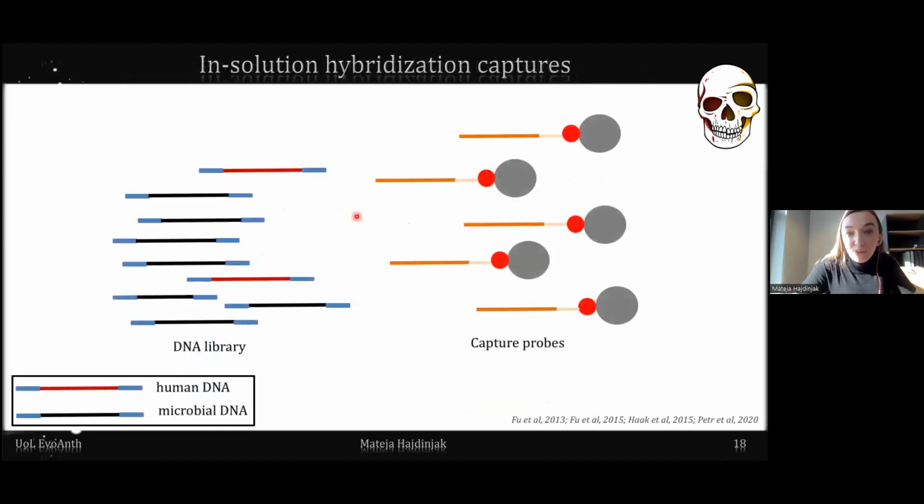And for the in solution hybridization capture, this is just an illustration. So where you have your soup of molecules in your DNA libraries, you use these synthetic probes, which are targeting the sites in the genome you are interested in to actually enrich your libraries for that specific set of sites that you then sequence.